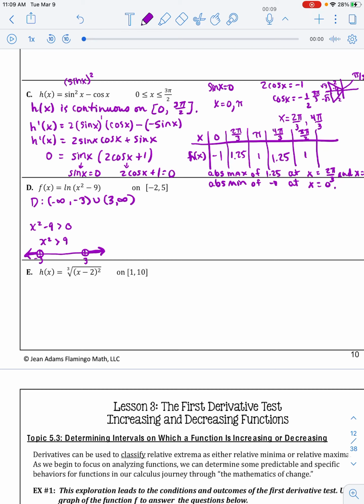And so look at what your closed interval is. There is a problem because in between -3 and 3, your function is not defined at all.